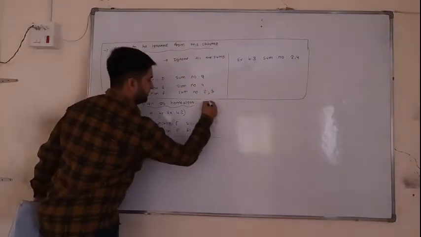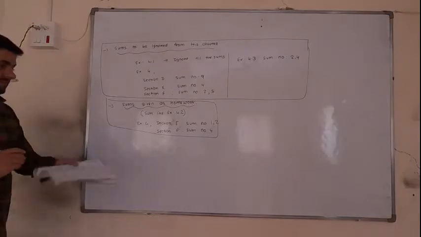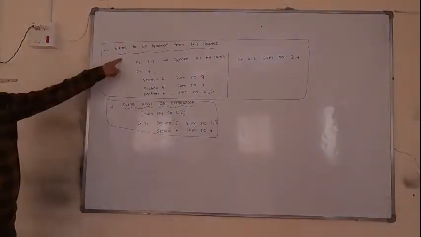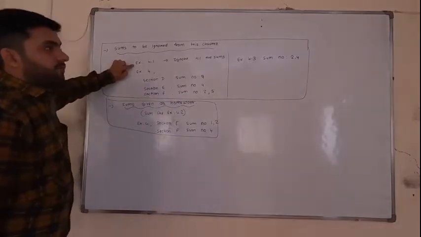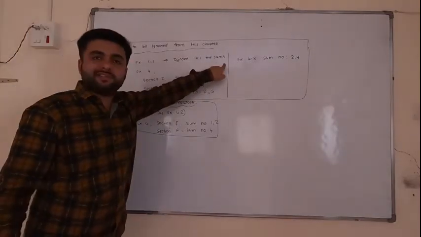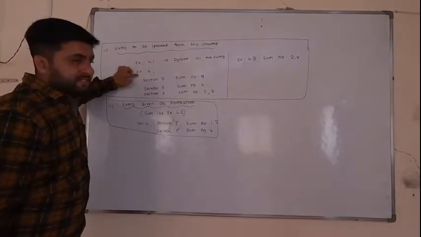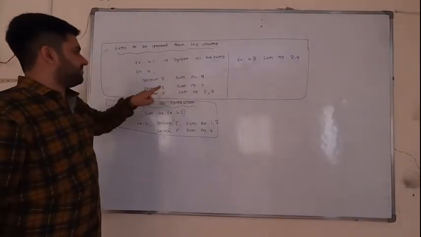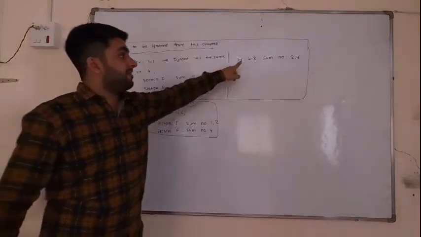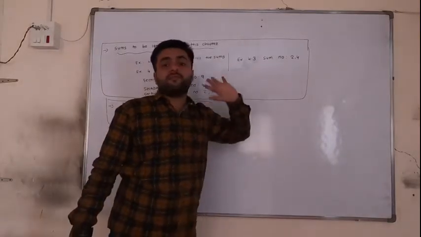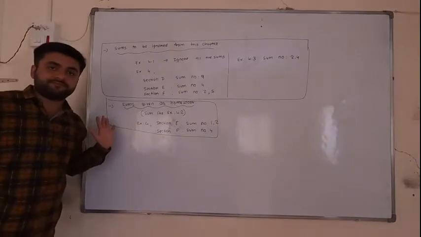This is different and this is also different. Sums to be ignored from this chapter: Exercise 4.1, ignore all the sums. Exercise 4, section D 9th sum, section E 4th sum, section F 2nd and 5th. And from 4.3 also second and 4th sum. So all these sums are ignored.